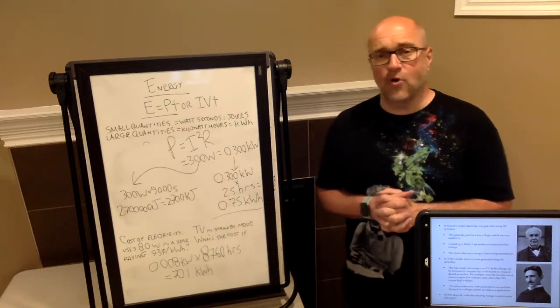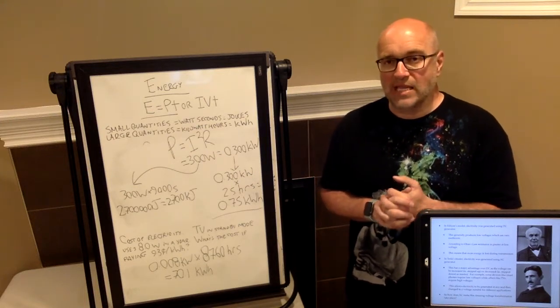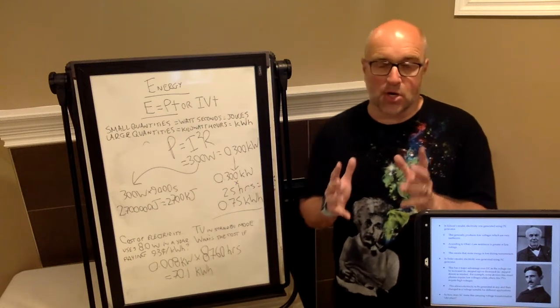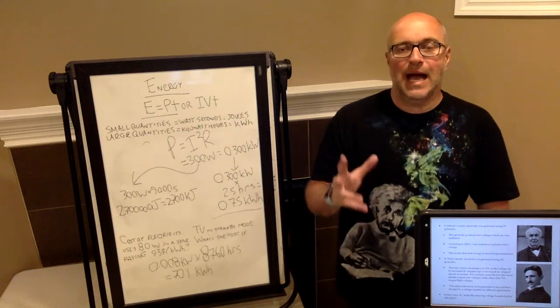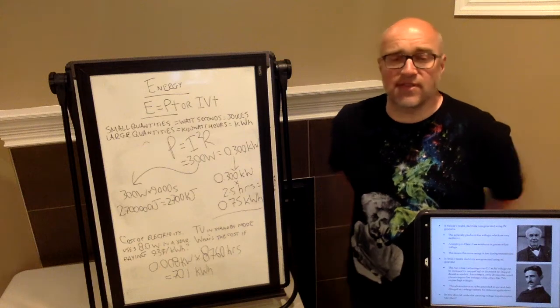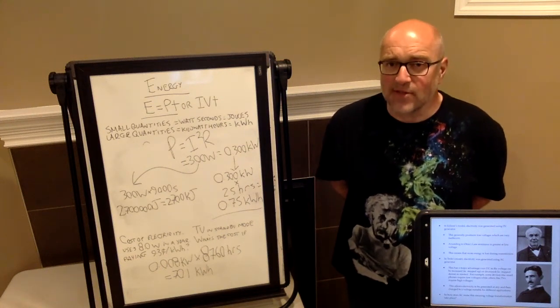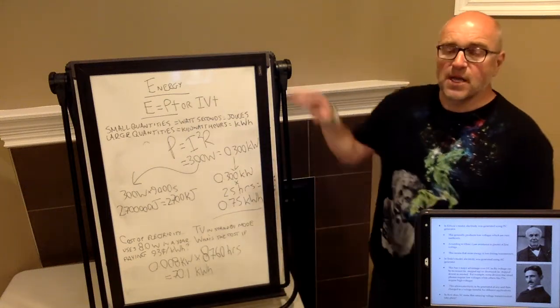By increasing the voltage, we can then decrease the amount of current, and we're able to get less problems in the way of resistance. With a smaller current, there's less of a possibility of that current being kiboshed by any kind of resistance that's in the line. Voltage doesn't get affected by resistance. Current does. So if we can increase the voltage and decrease the current, that's a good thing.